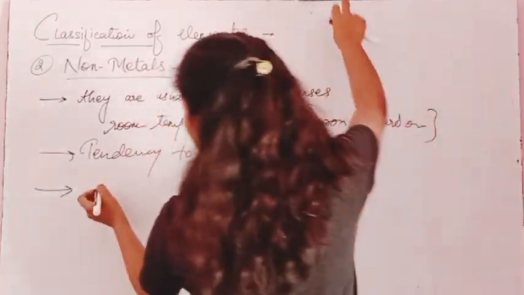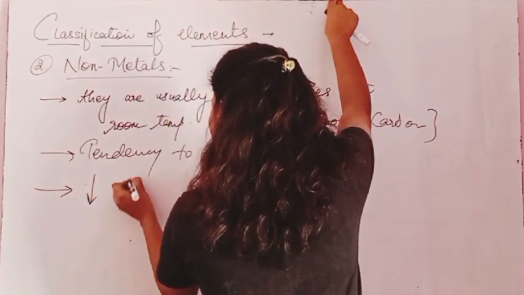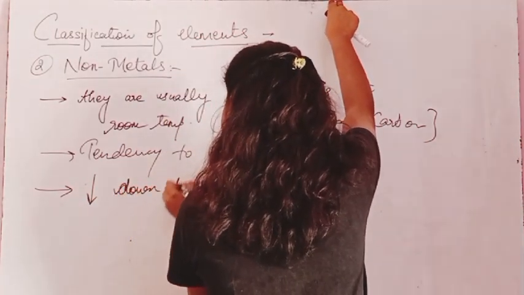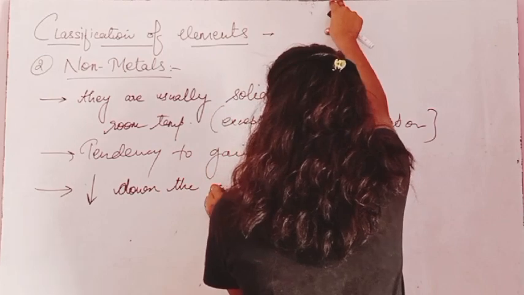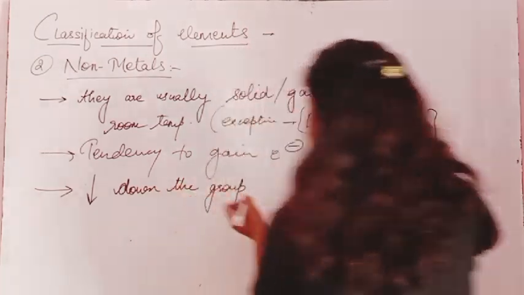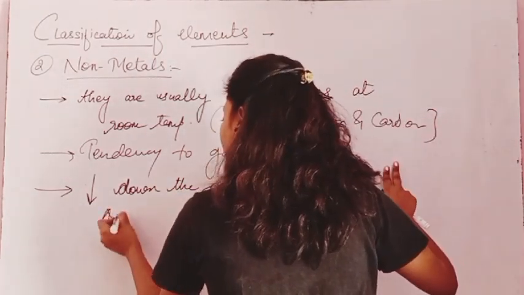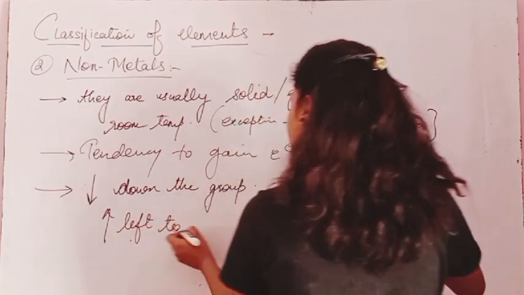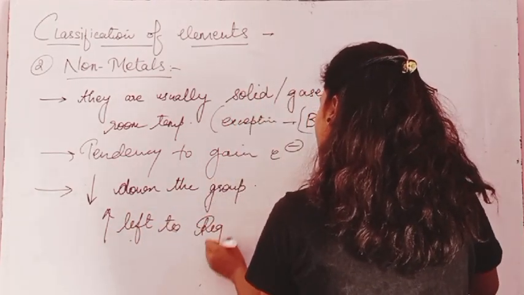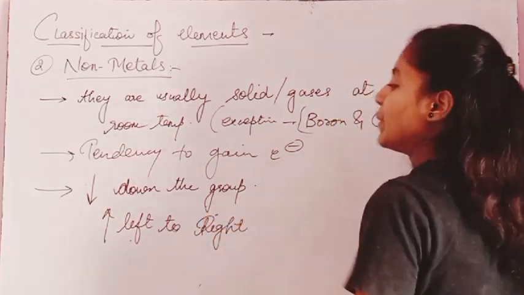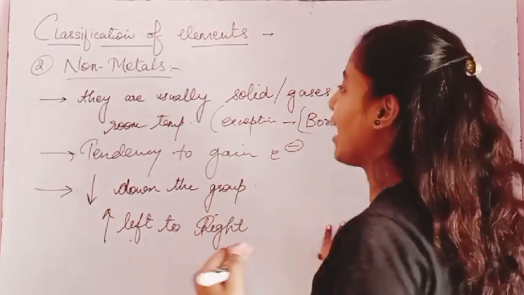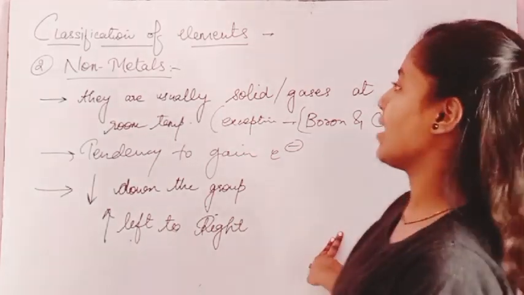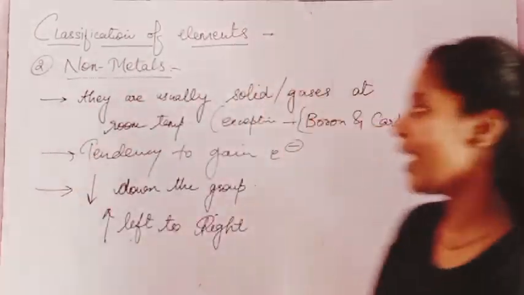So what happens in the non-metal? It will decrease on going down the group. And what happened in the vice versa? It will increase in going left to right. And down the group means up to down, right? Hopefully clear the points regarding your non-metals. You can do right again.